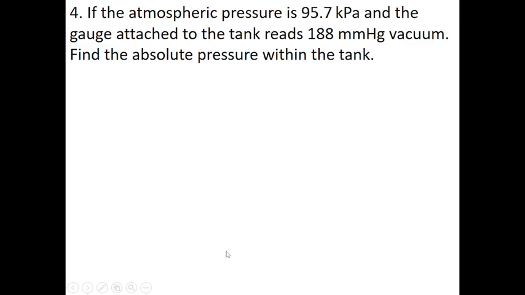So problem number 4. If the atmospheric pressure is 95.7 kPa and the gauge attached to the tank reads 188 millimeters mercury vacuum, find the absolute pressure within the tank.